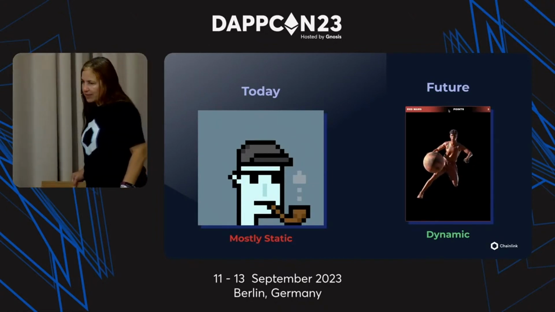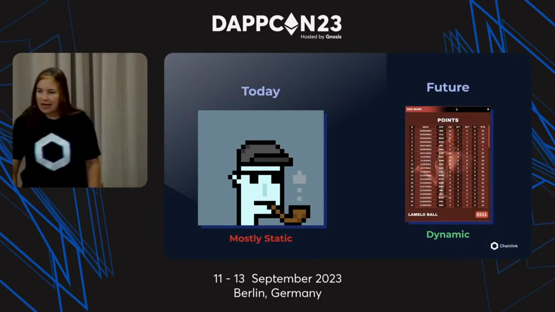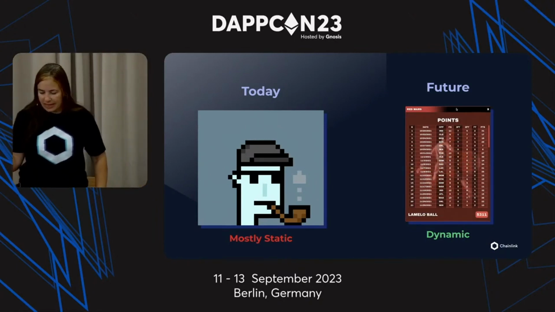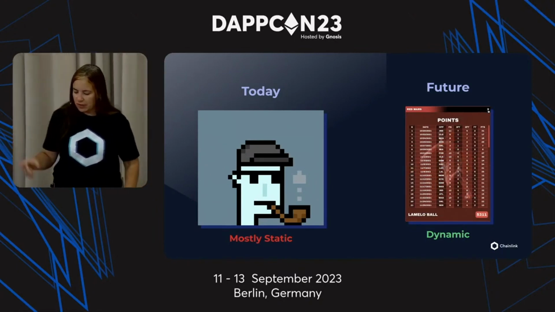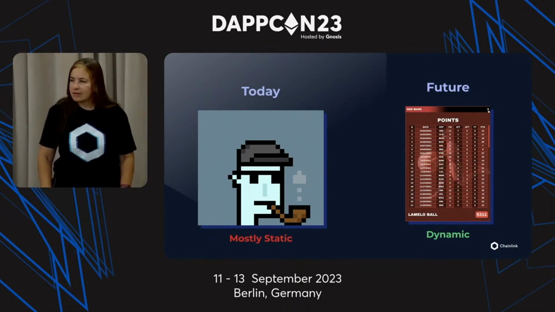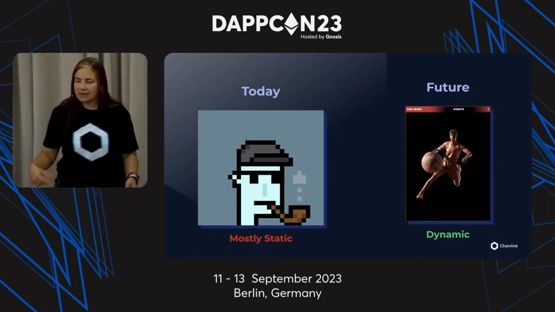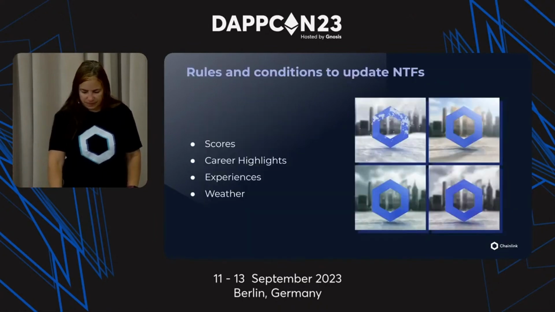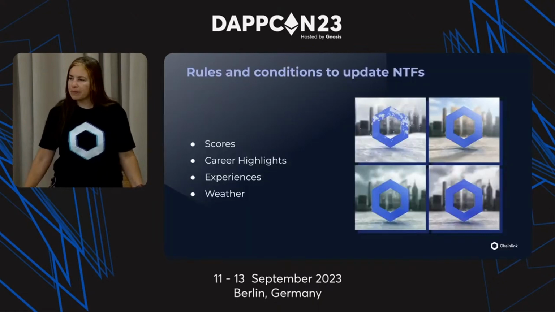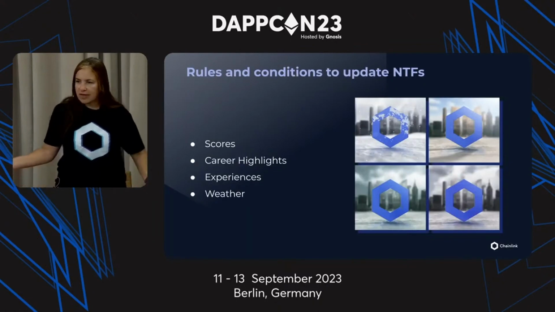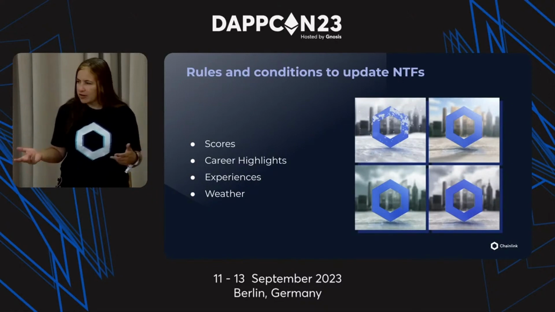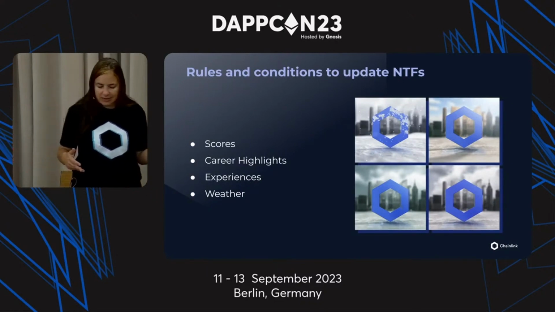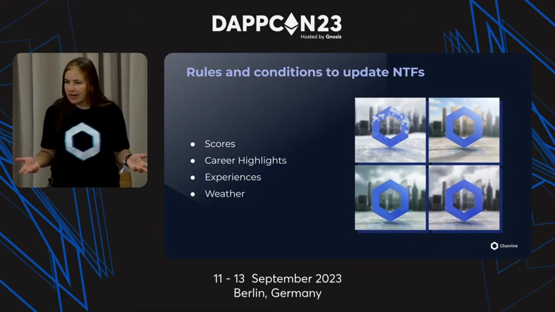And the goal and the feature of NFTs is to be dynamic. In this case, I have an NFT from LaMelo, the basketball player, that is updating using his scores. And when we talk about updating NFTs, you can define your own rules to do this. It can be scores, career highlights, weather, experience, whatever.